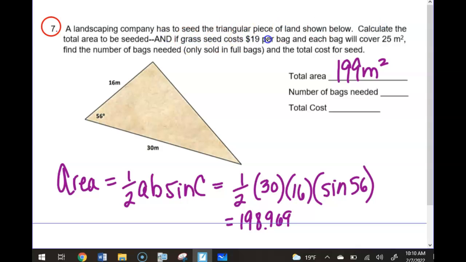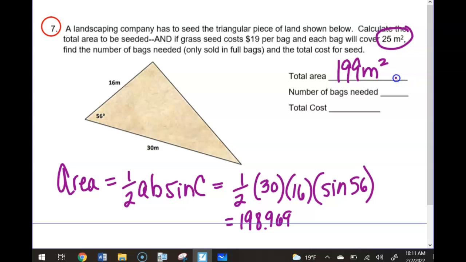And if grass seed costs $19 a bag and each bag covers 25 square meters, find the number of bags needed and how much it's going to cost. So how many bags do we need to buy? 25 meters to cover 199. Are we going to need to buy 8?